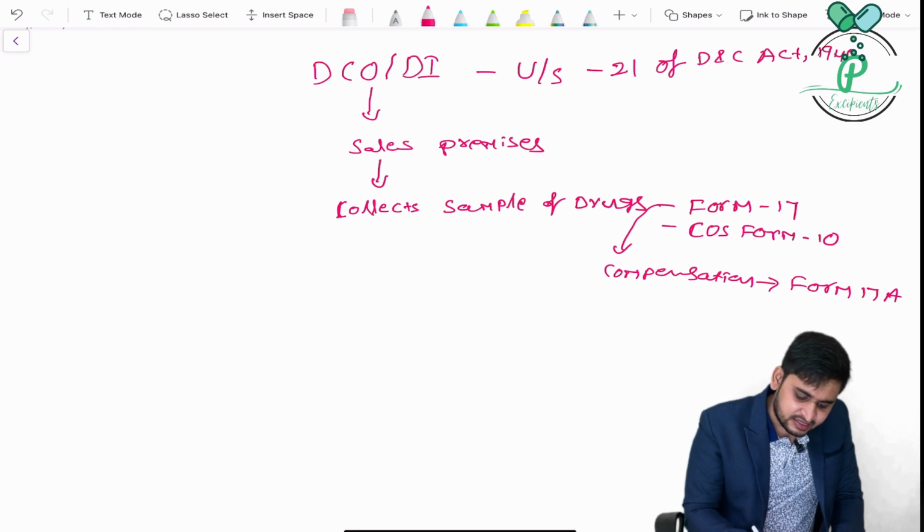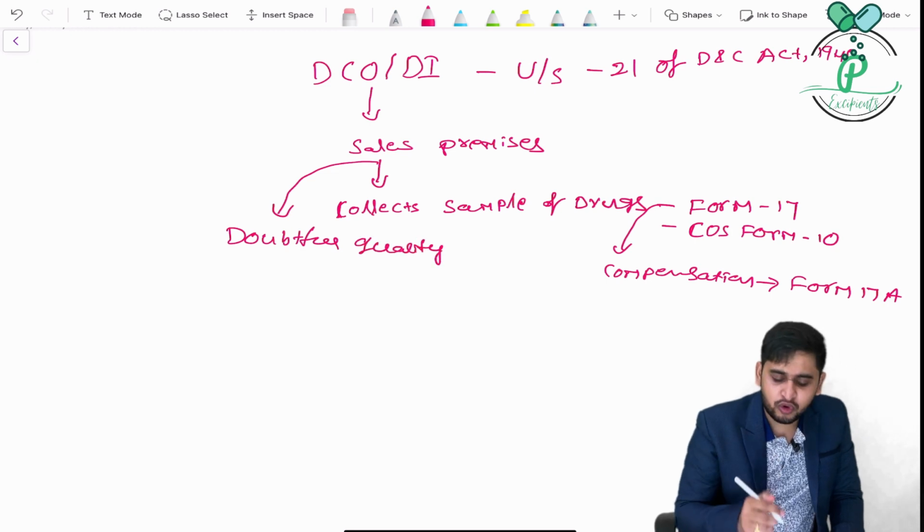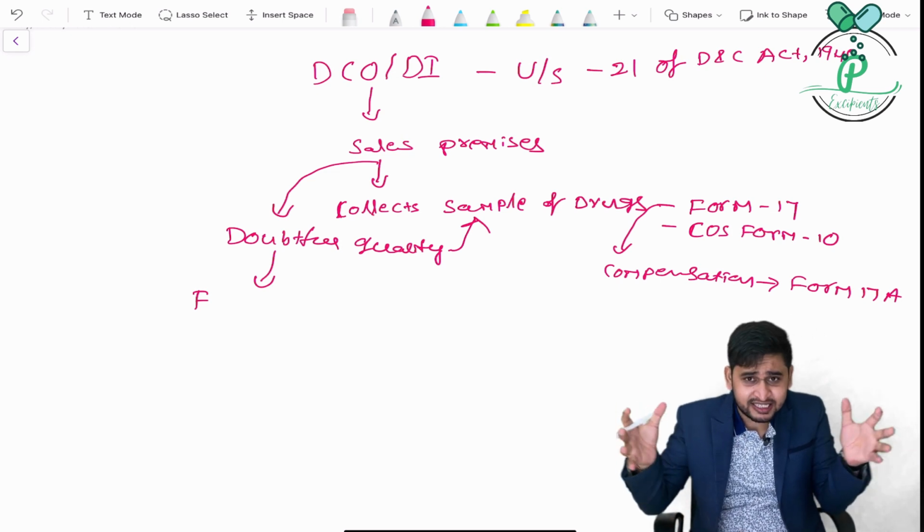Suppose the drug is of doubtful quality, so he lifts the sample. In that case, he lifts the sample and he freezes the quantity of the drugs.